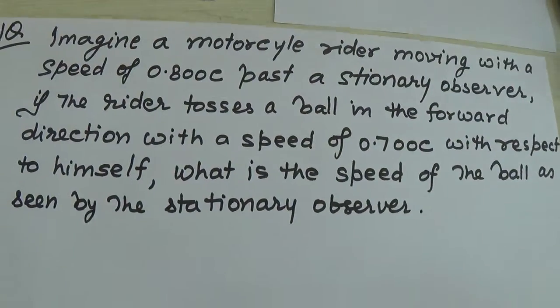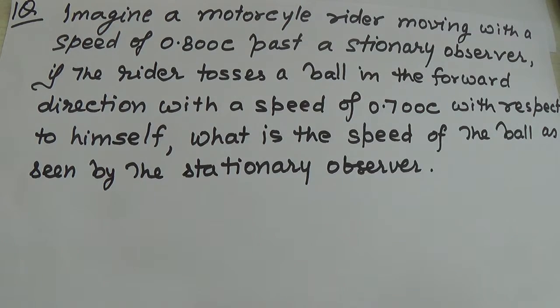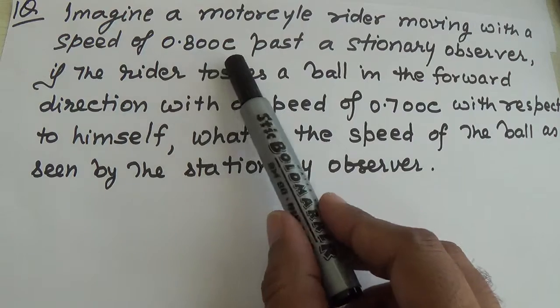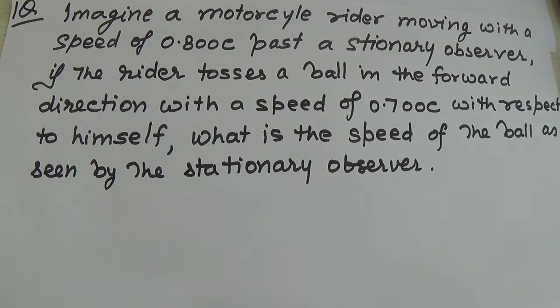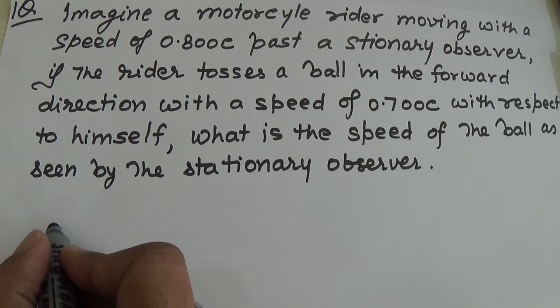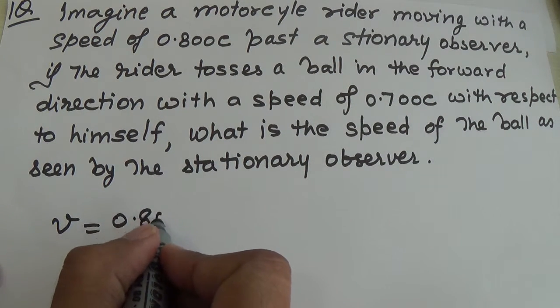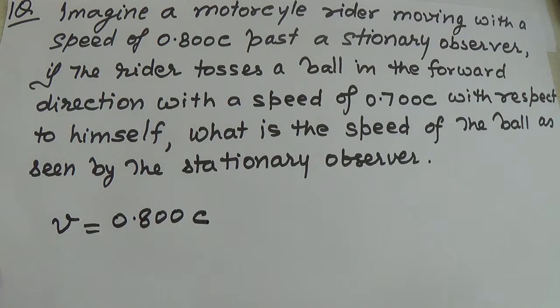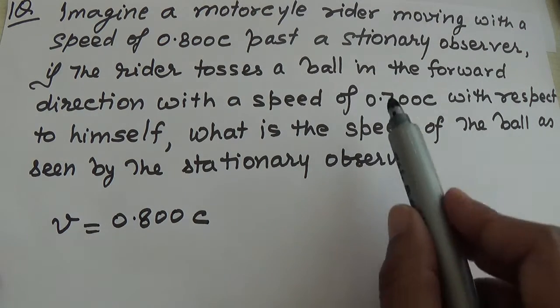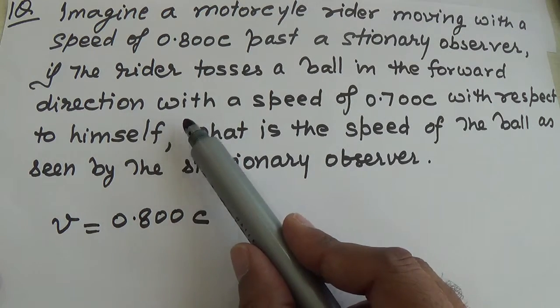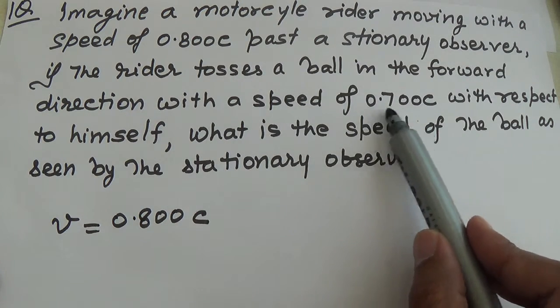According to the statement, a motorcycle rider moving with the speed of 0.800 c, so this will be v. So v is equal to 0.800 c. Past a stationary observer, the rider tosses a ball in the forward direction with the speed of 0.700 c.